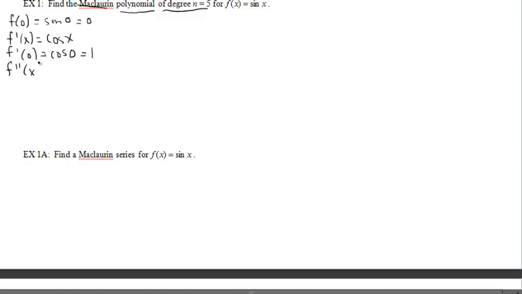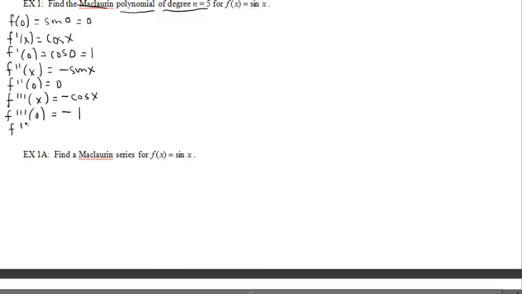And we're going to continue. F double prime, negative sine, evaluated at the center is 0. F triple prime, evaluated at x is negative cosine, evaluated at 0, negative 1.